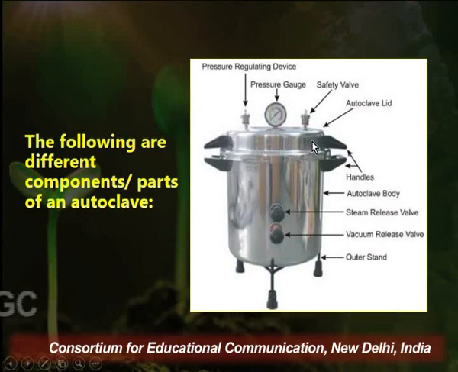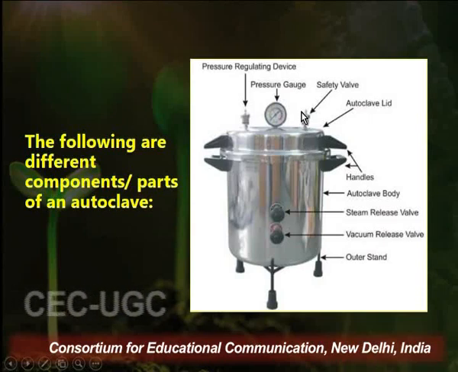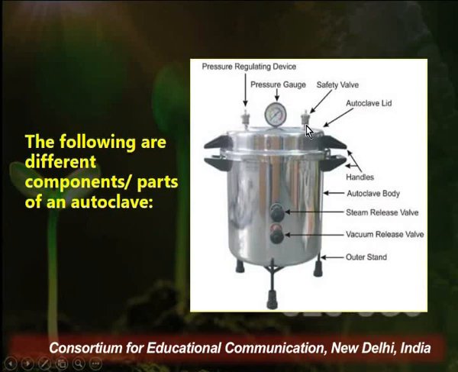The autoclave lid has one safety valve. Whenever there is an excess pressure of vapor, it can be released through this. Then there is a pressure regulating valve, and then there is a pressure gauge. The pressure gauge gives us a real-time idea of the pressure which is being generated inside this autoclave chamber.